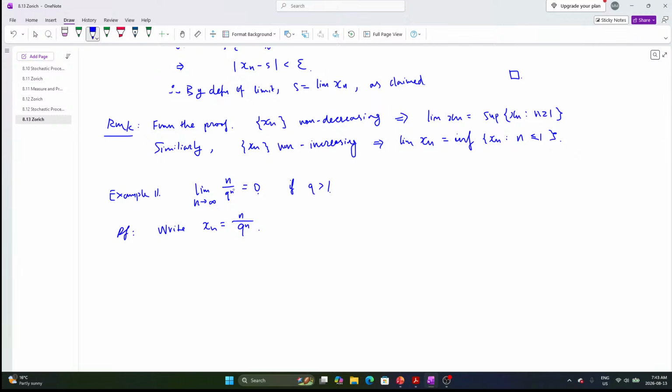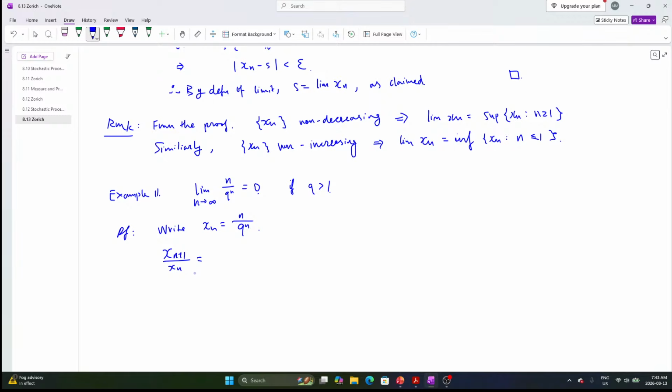That helps us get an idea of the behavior of the sequence. Eventually it should go down. n over q to the n is eventually decreasing. I said eventually because initially n might still grow faster. So let's see how we prove this. Because this is a ratio, we might consider taking x_{n+1} over x_n to see what happens.